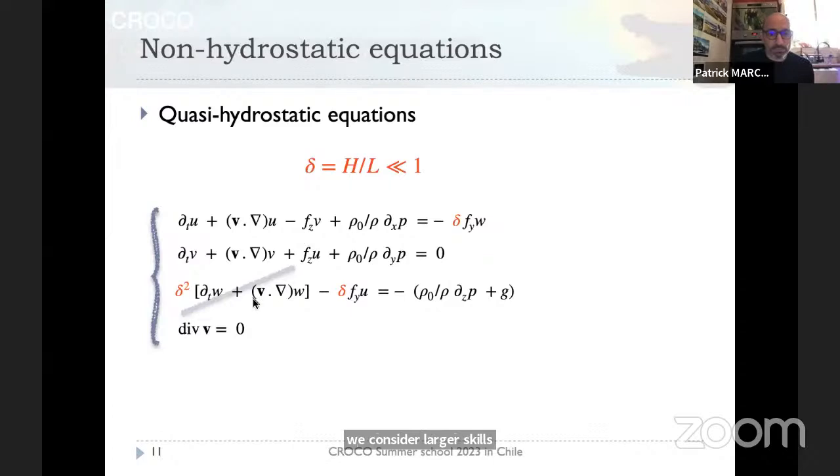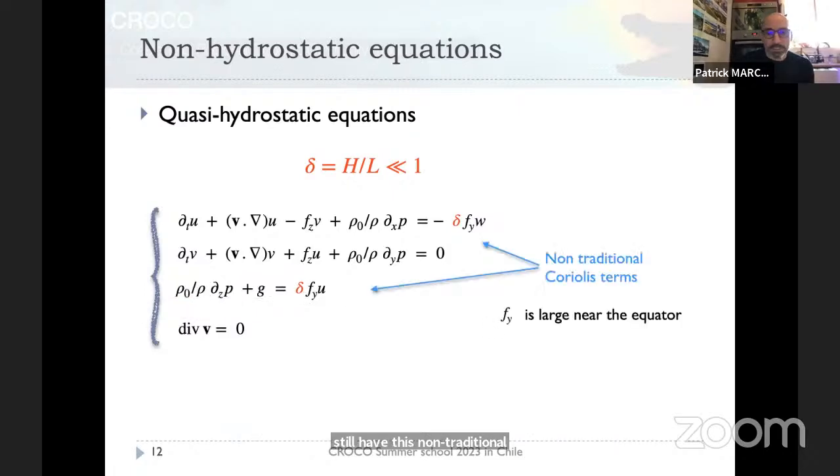The first term that will go in this case will be the delta square term, which is the acceleration of W. So we don't have hydrostatic equations yet because we still have this non-traditional term. And the non-traditional Coriolis term can still be relatively large, not dominant compared to the hydrostatic terms, but relatively large near the equator, but near the equator only.